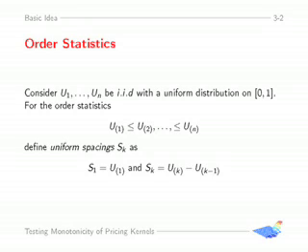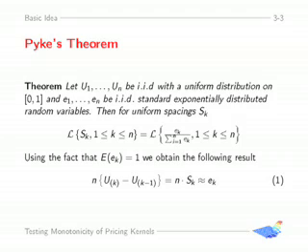So let's consider uniformly distributed random variables u_1, ..., u_n. Then we can define the uniform spacings s_k, the difference of two adjacent values u_k minus u_(k-1). According to Pyke's theorem of 1965, the uniform spacing s_k is approximately distributed as the ratio of an IID standard exponentially distributed variable to the sum of the IID exponential variables.